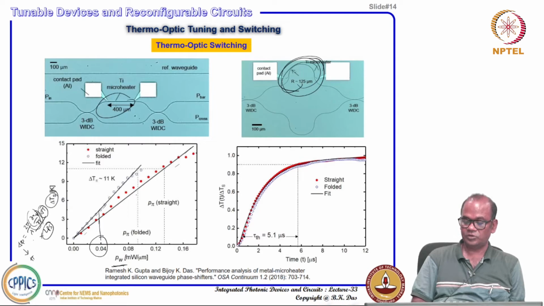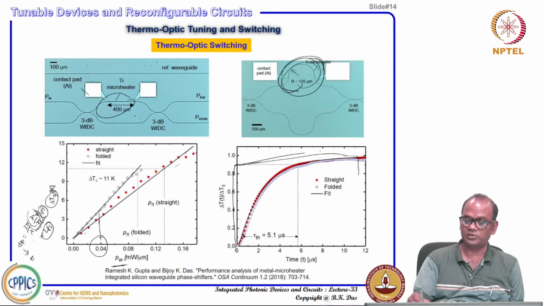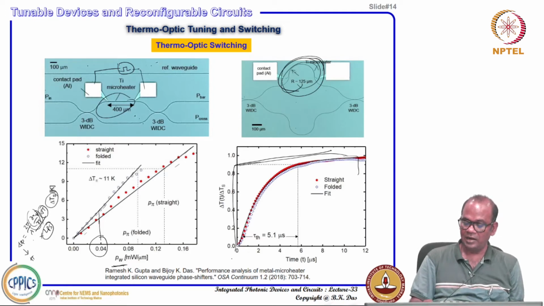And we have seen how fast the temperature rise happens. Suppose you give a step function square voltage pulse here, and then you monitor on an oscilloscope how fast the temperature rises when the voltage goes from 0 to a certain voltage, maybe 5 volt or so.